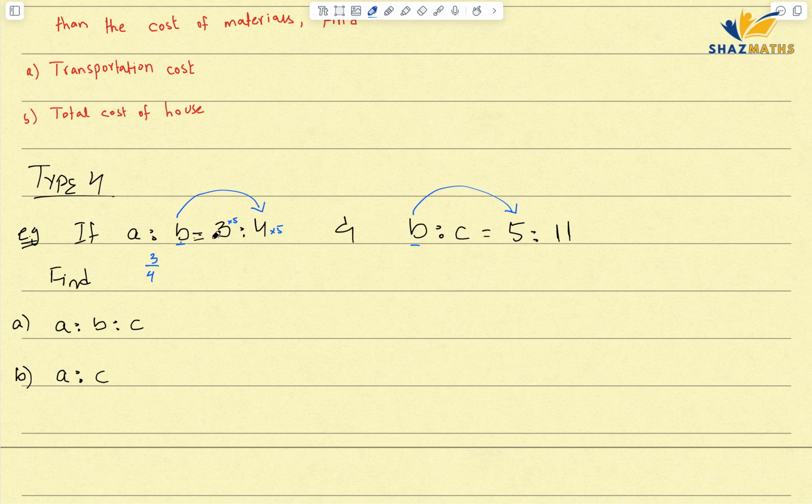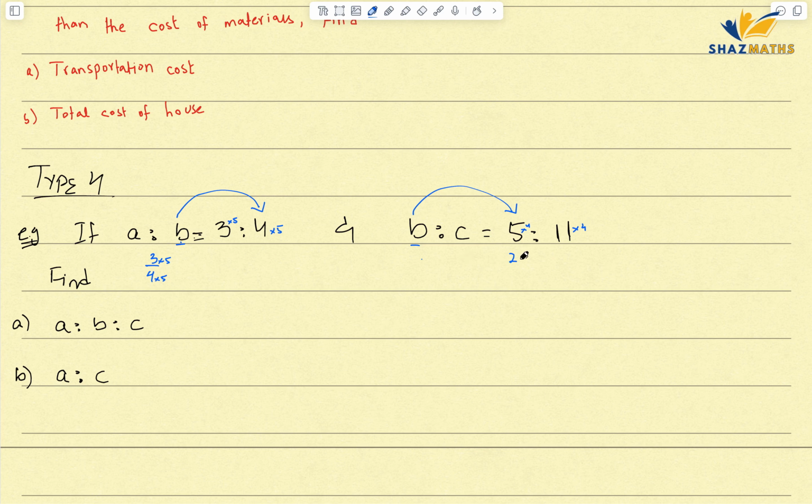So if I'm multiplying this number 4, the denominator, by 5, I have to multiply the numerator by 5 as well, so that the net effect is 1. That means I'm not changing the fraction in any way, right? Okay, so for this one, again I have to make this as 20. I'll multiply it by 4, and because I multiply the numerator by 4, I have to multiply the denominator by 4 as well.